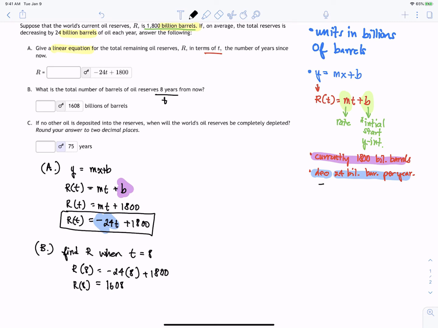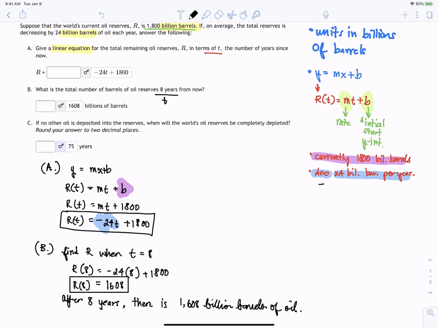And so this is the answer. But in context of the problem, we would say after 8 years, there is 1,608 billion barrels of oil, which is a lot. It's beyond billions at that point, right?